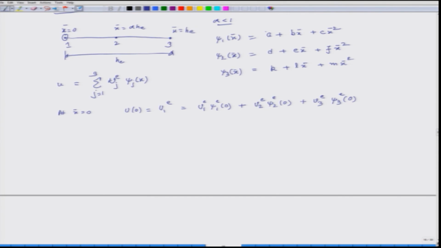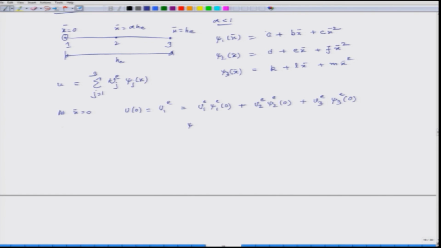Now, this relation is valid for all values of u's; it does not matter what values u1, u2, u3 are. So, I get 3 different relations.